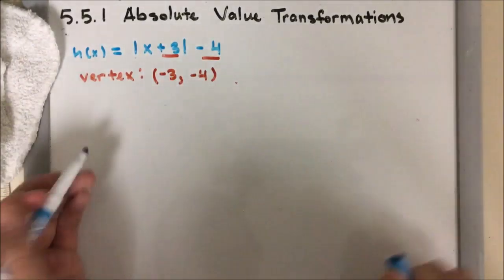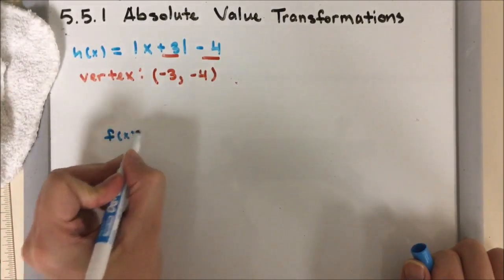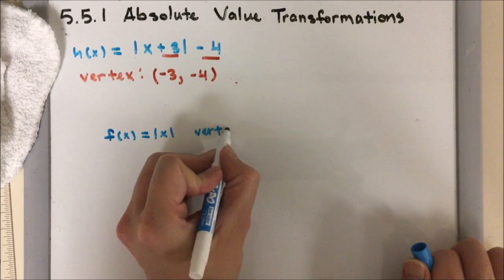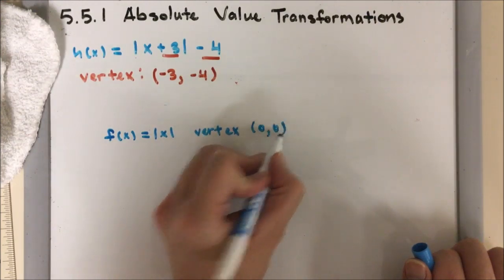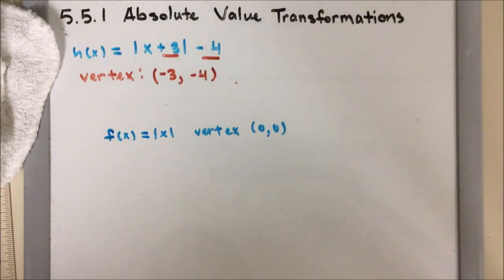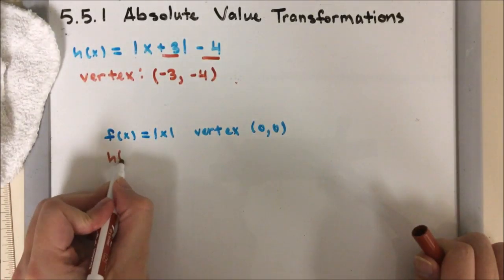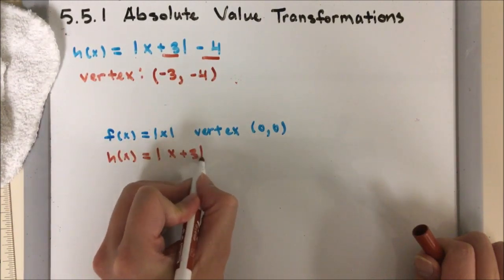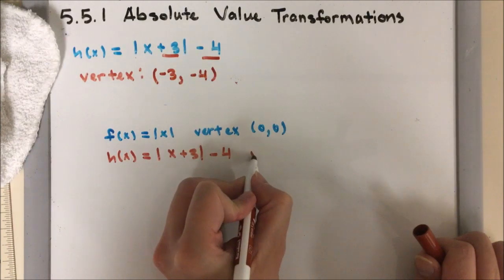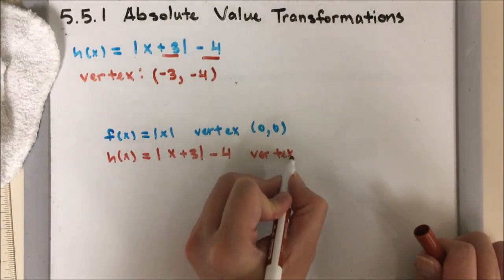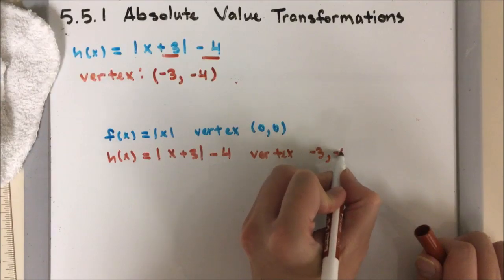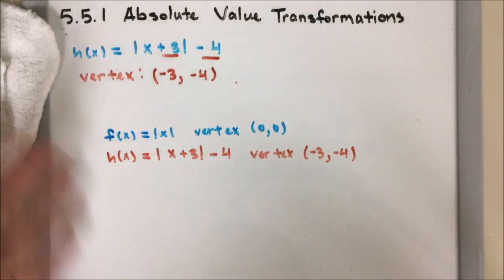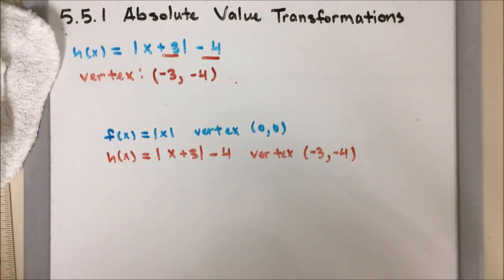If the parent function f of x equals the absolute value of x with the vertex at 0, 0, and then our new function h of x equals the absolute value of x plus 3, close absolute value, and then minus 4, with the vertex at -3, -4. So tie into the coordinate points that we examined earlier and the graph.